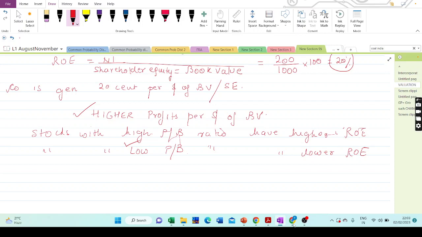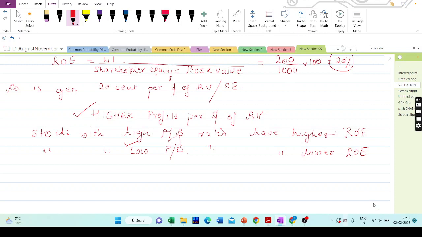Ankit, it will not be ROE. The stock that trades at a lower price to book ratio is undervalued, and the stock that trades at a higher price to book value is overvalued. Okay?